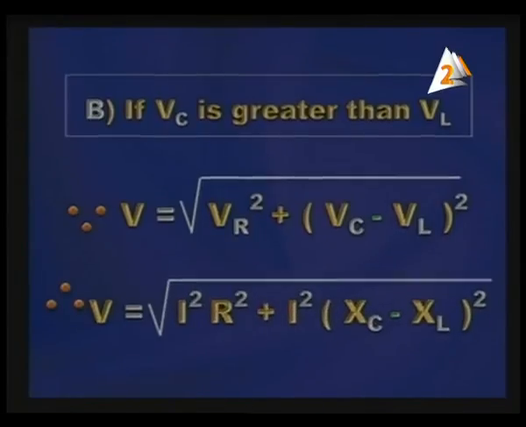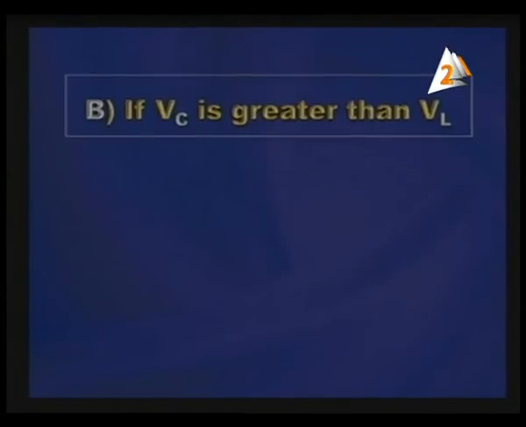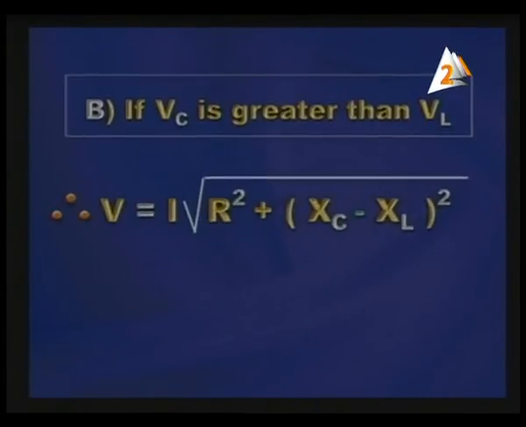Voltage is the product of current and resistance, or anything that represents resistance. So VR squared equals I squared R squared plus I squared XC minus XL squared. I squared can be factored out, so we can say V is equal to I square root R squared plus, between two brackets, XC minus XL squared.